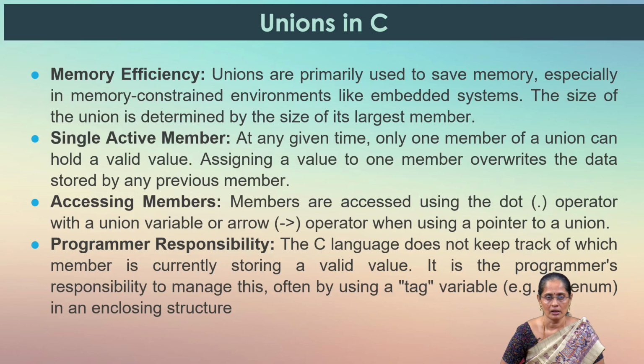Memory efficiency. Unions are primarily used to save memory, especially in memory constrained environments like embedded systems. Say for instance, in recent days we are making use of smaller electronic devices like Apple watches, Fitbits and Amazon's Echo Dot systems like Alexa and other memory constrained devices.